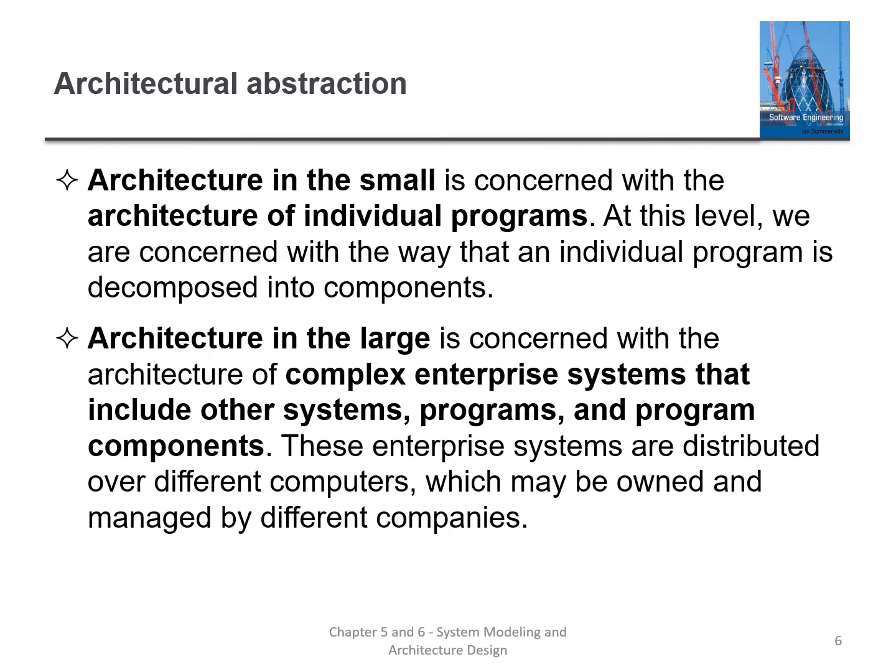It is in the form of architecture in large, where you look at how the programs and program components interact with one another. Okay, these enterprise systems are sometimes distributed. The system is not in one place; it's somewhere else. Some might be owned by one company, another owned by other companies, right?